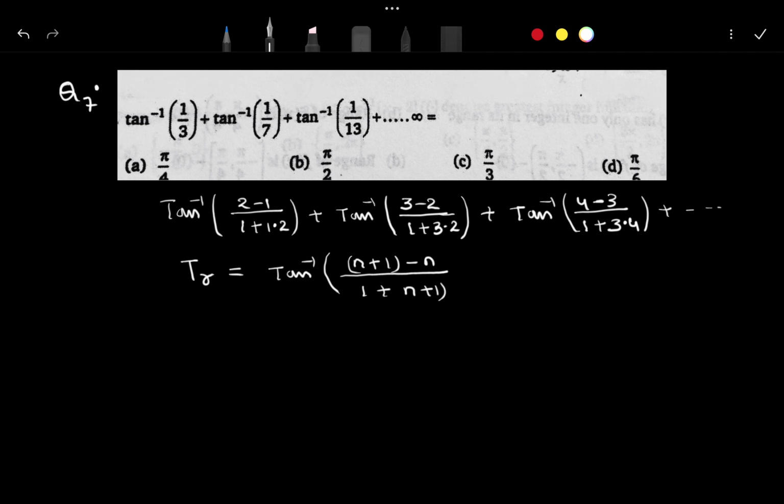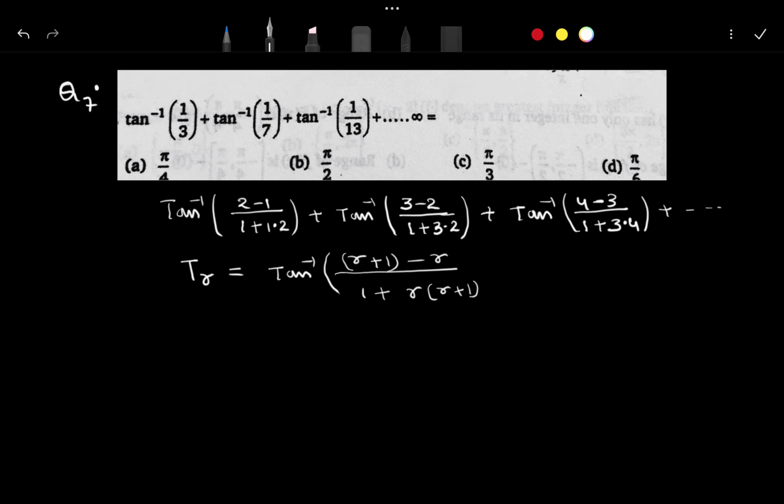So here in place of n you take r. This is a general term. So you can write r plus 1 minus r whole divided by 1 plus r into r plus 1.